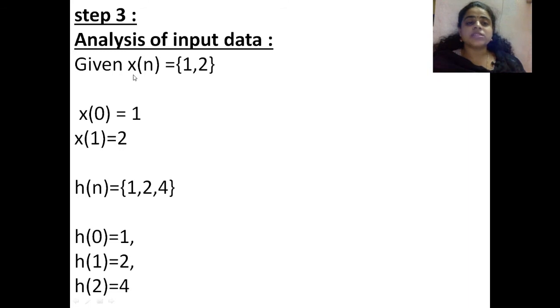From this input we write the samples: x of 0 is 1, x of 1 is 2. Next, for the LTI system response we have h of n equal to 1 comma 2 comma 4. So this is the 0th sample, first sample, second sample: h of 0 is 1, h of 1 is 2, h of 2 is 4.